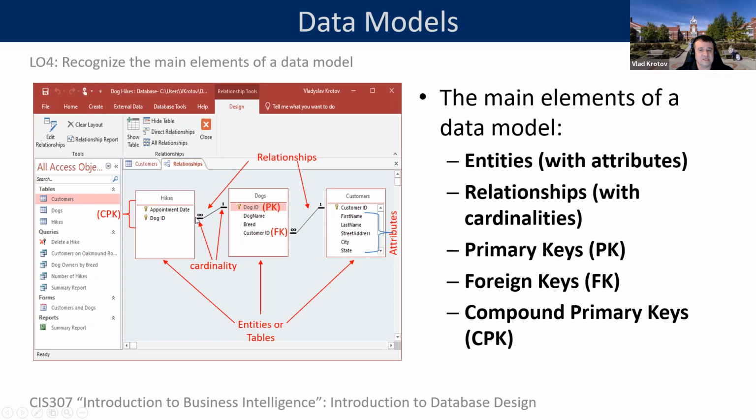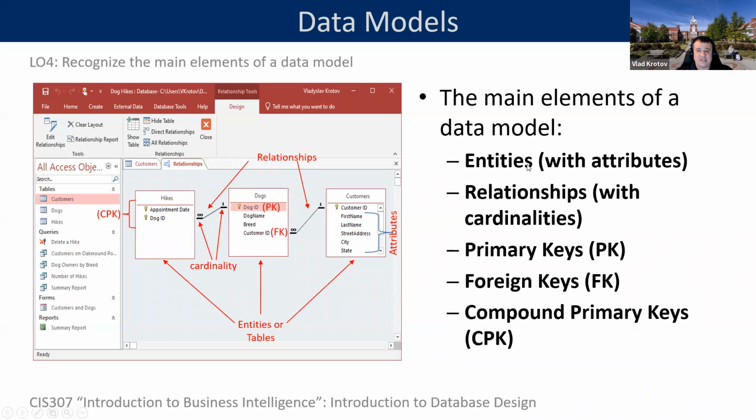I think most of the time I say entities, but hopefully you saw that by an entity, we mean a table, okay? An entity is some kind of abstract class of things about which we need to store data. For example, we need to store data about customers, so we create a table or an entity called customers. We need to store data about dogs, so we create an entity or table called dogs, right? We need to store information or data about hikes, so we create an entity or table called hikes, okay?